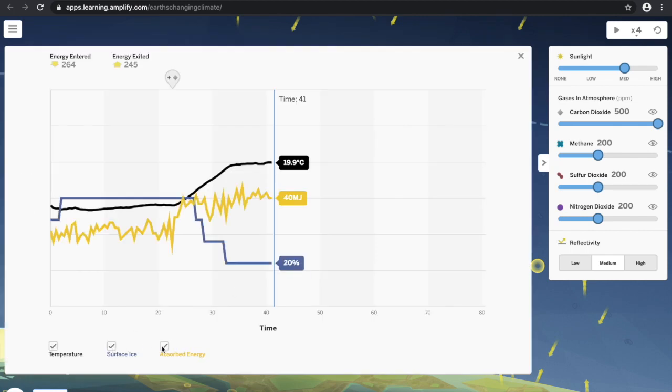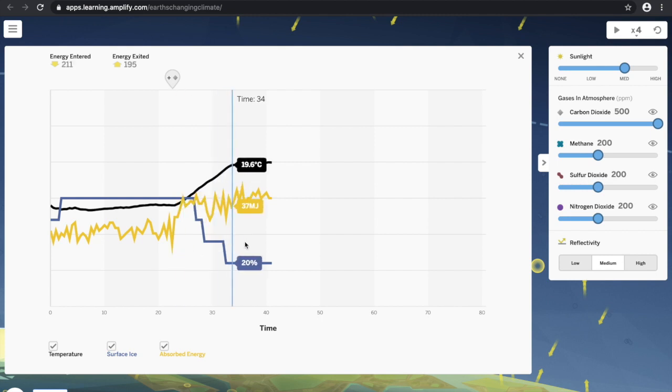When I increase carbon dioxide, which would have happened right here, I'm going to put it on the before and after. When I increased the carbon dioxide, the amount of energy absorbed, the yellow line, increased, but the amount of ice decreased significantly.